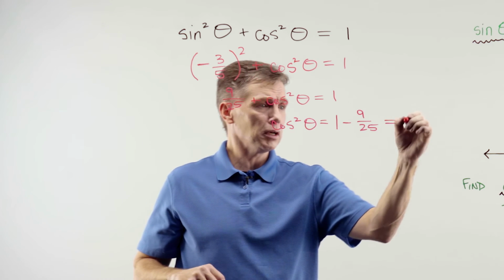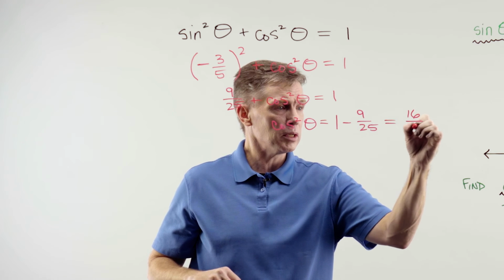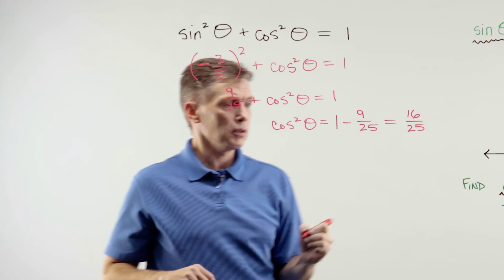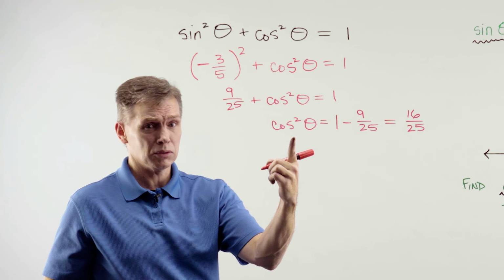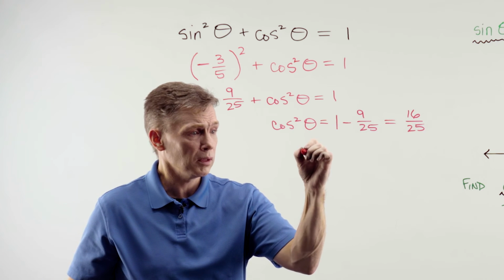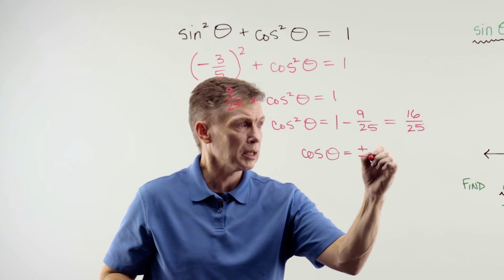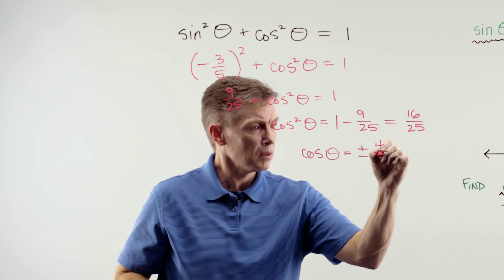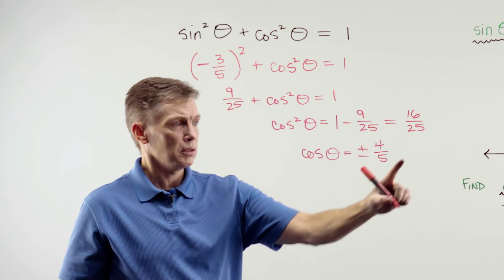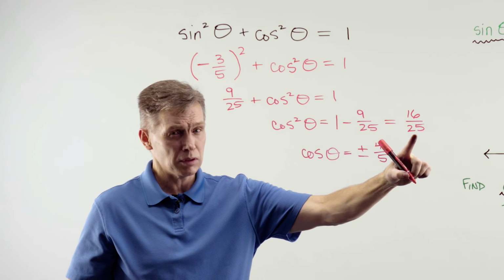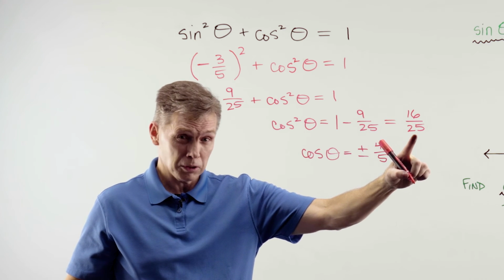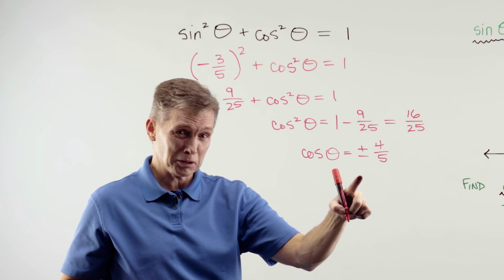And then minus 9 would be 16 in the numerator over 25. Now I don't want cosine squared, I want cosine, so I'll take the square root of both sides and get plus or minus 4/5 if I square root that 16/25, right? Okay, good. That's good algebra. Pat yourself on the back.